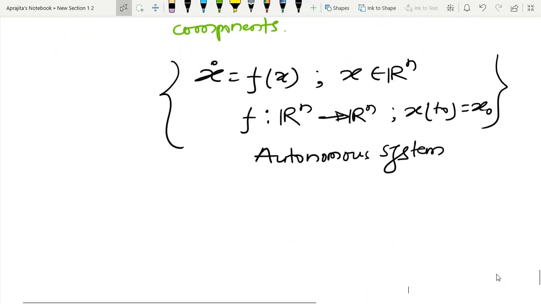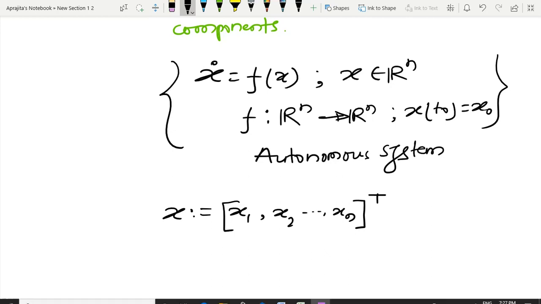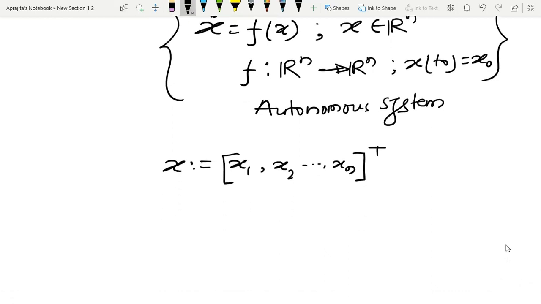We have already seen that x belongs to Rn is nothing but a column vector that has n number of elements, and I am assuming that all elements x1, x2 up to xn are real numbers.